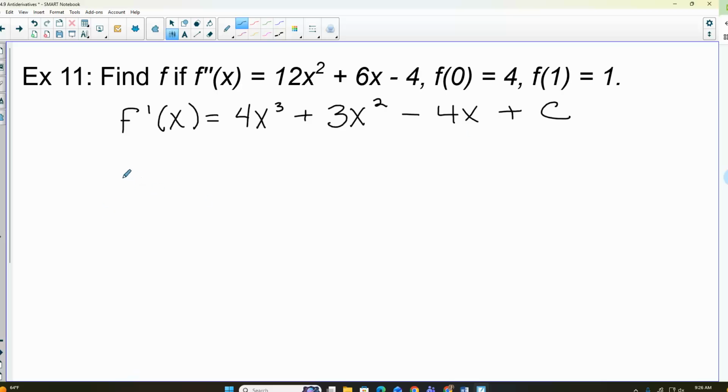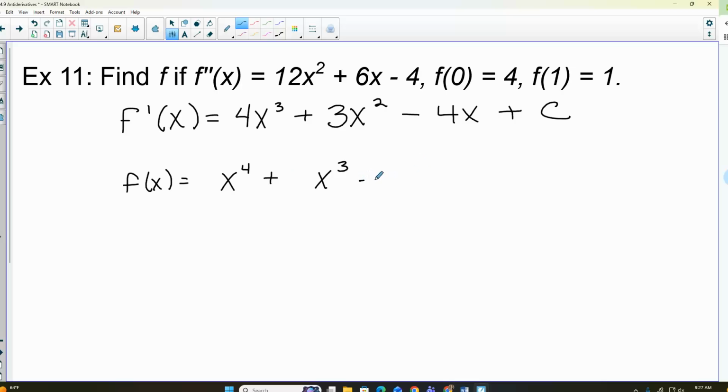So now if I want the original function, we have to do the antiderivative again. So the antiderivative of x cubed, if you add 1, that's x to the 4th. So we would need a 1/4 in front. What's 4 times 1/4? 1, so that's gone. Okay, x squared, if I add 1, that's x cubed, so I need a 1/3 in front. 3 times 1/3 is 1. Are you guys okay where I'm multiplying my constant with it?